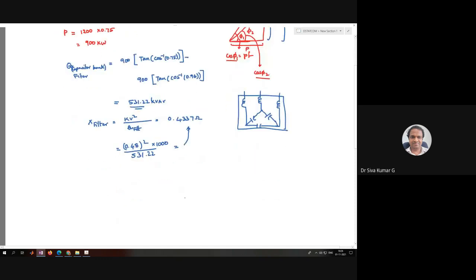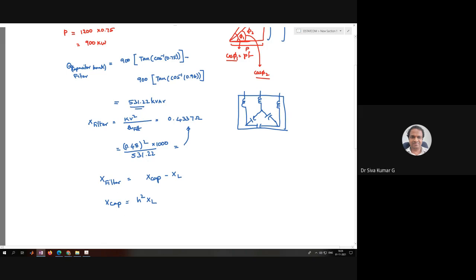After that, the filter reactance is the combination of the capacitive reactance as well as the inductive reactance. Then we can find out the X cap, the capacitive reactance, which should be H square times XL.